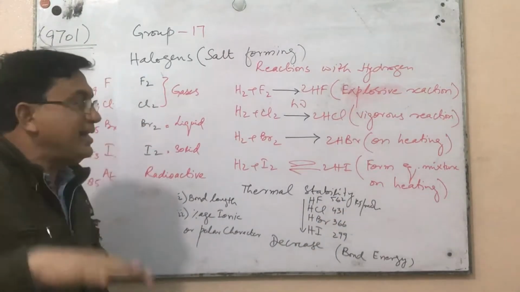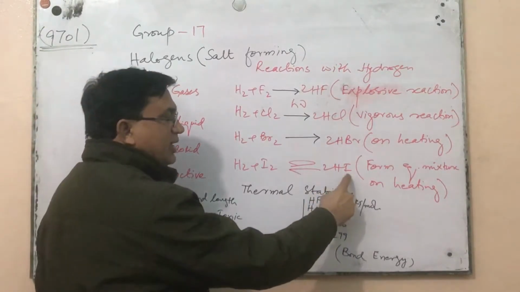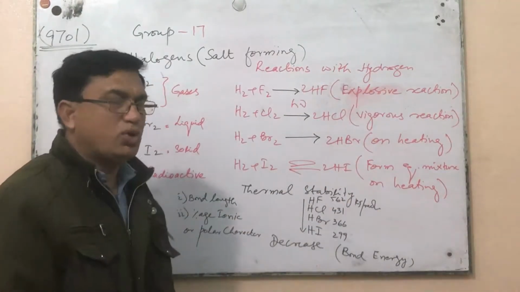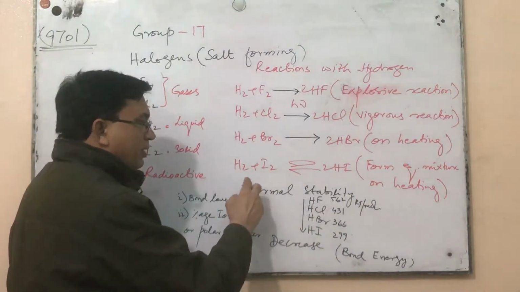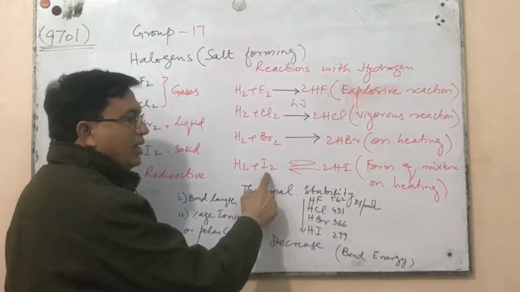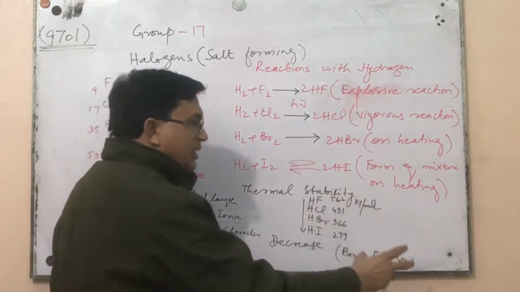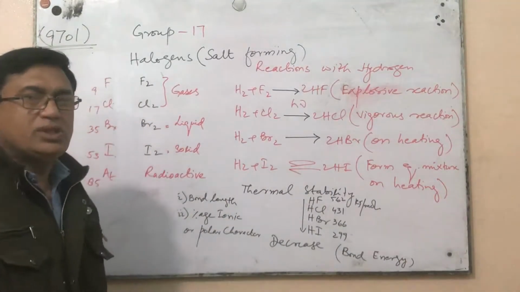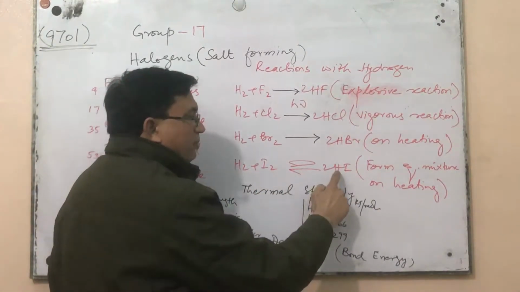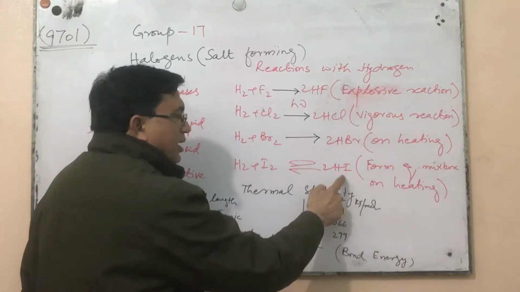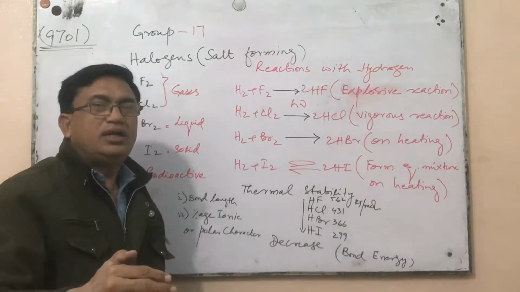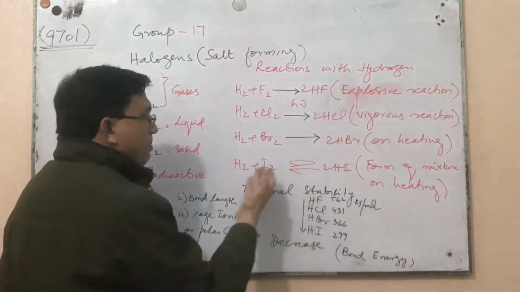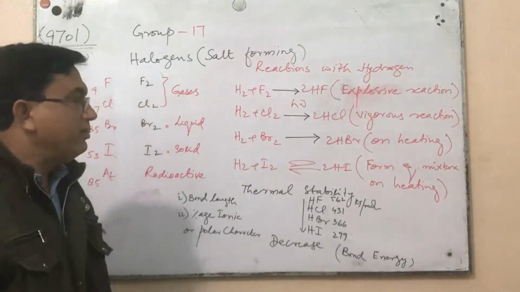It means that HI can easily be decomposed on heating. That's why whenever hydrogen reacts with iodine, on heating it reacts but forms an equilibrium mixture. This means that the produced hydrogen iodide immediately starts decomposing and converts back into hydrogen and iodine.